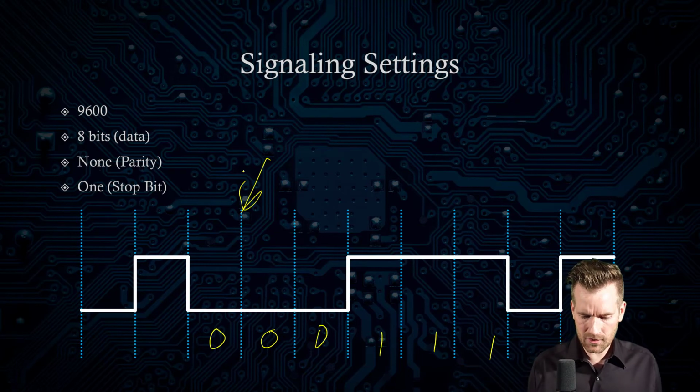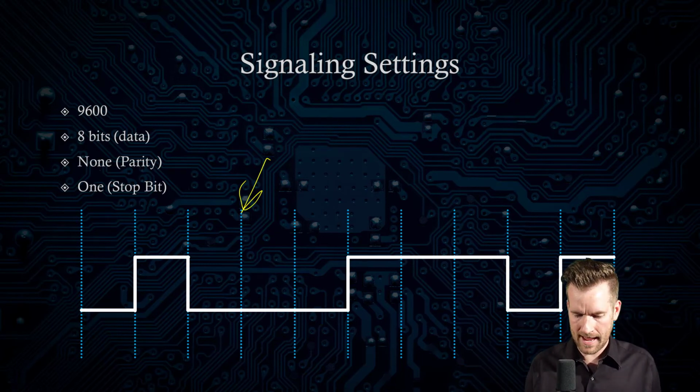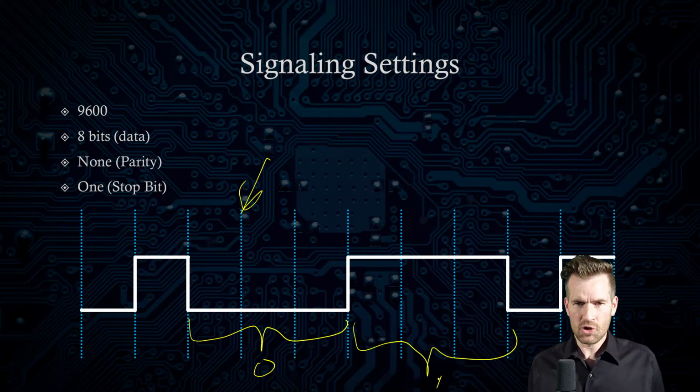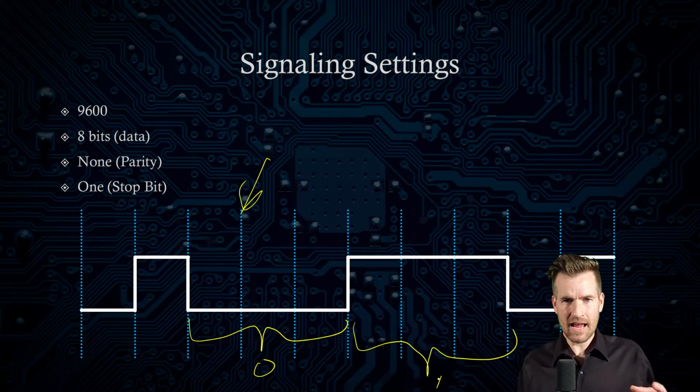So what it could actually misconstrue this as, these middle bits, this could be represented as a 0, and this could be represented as a 1. So some equipment could interpret this as being 2 bits. It's received 2 bits of data.